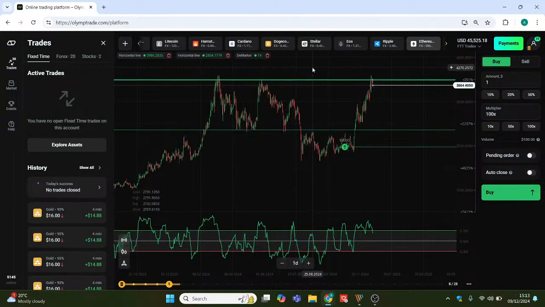So realistically, Ethereum has the potential of going towards 5,000, 6,000, 7,000, etc. So it's quite surprising to me why we are still not growing.